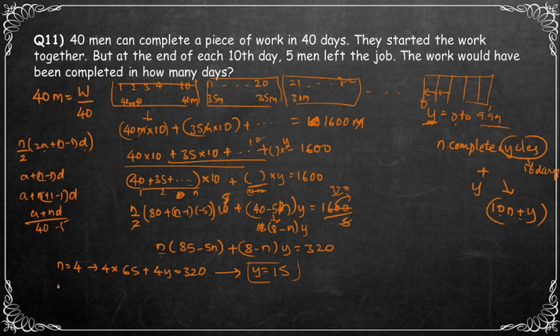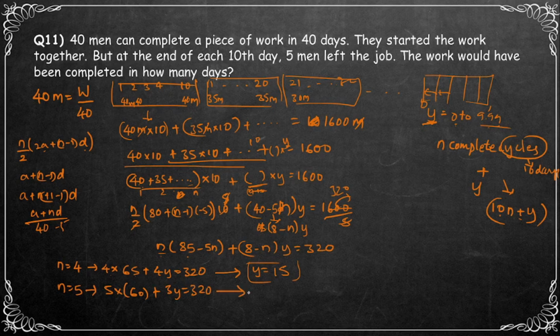So we'll try with n is equal to 5. So let's say it has completed 5 complete cycles. So that means 5 into 85 minus 25, which is 60, plus this is 3y is equal to 320.